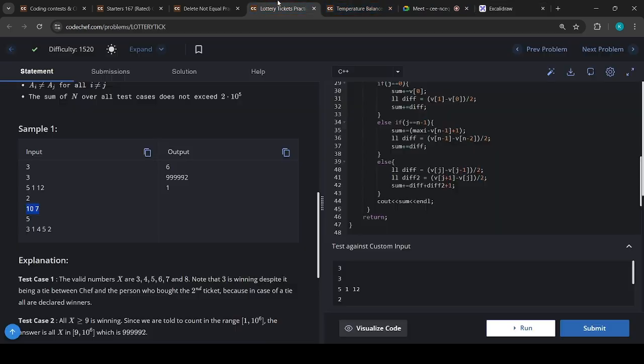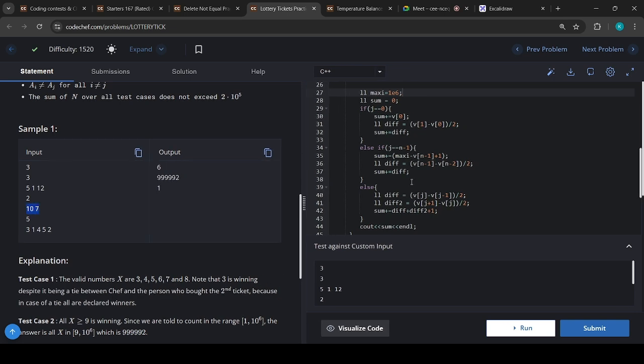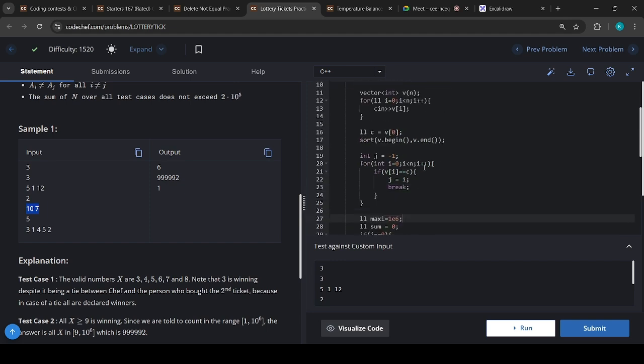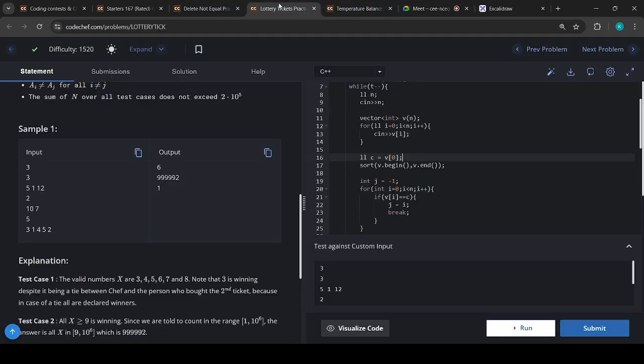Your approach is correct. Let's see the code. Are you seeing my code? My code is visible. Yes, Bhaiya. Okay. So we will first store the first element and then sort the vector.